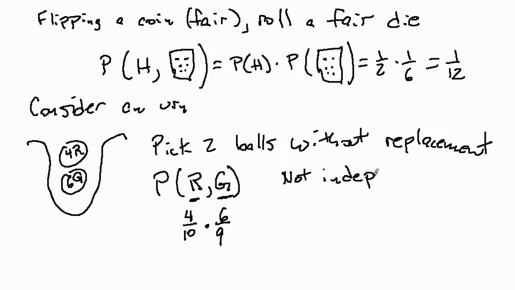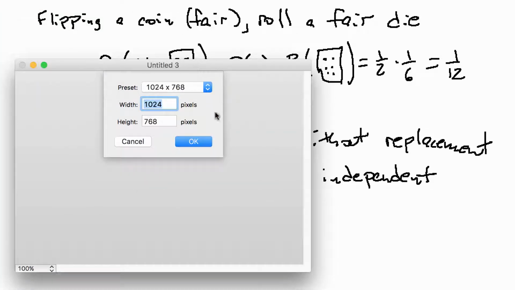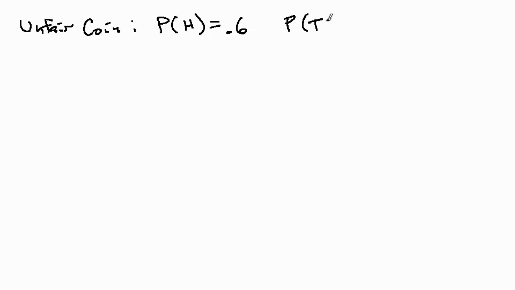So this is a pretty simple idea, and independence makes your life easy. It's easy to multiply 2 numbers together, and you don't have to worry about calculating anything else. Let's consider one other example, and this is right out of the book. Suppose I have an unfair coin, and by an unfair coin, let's suppose that the probability of heads is equal to 0.6, and the probability of tails is equal to 0.4.